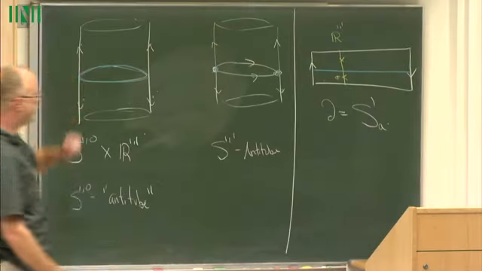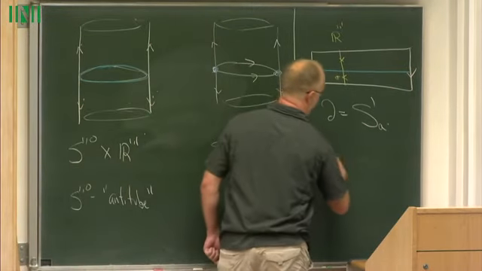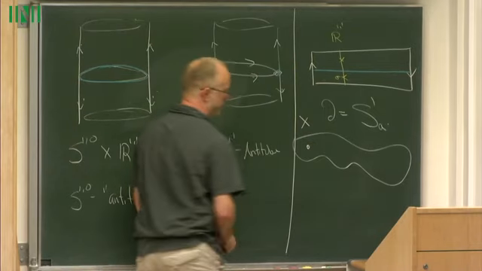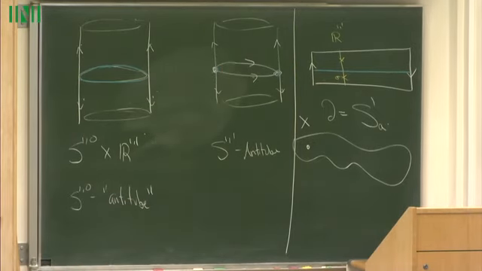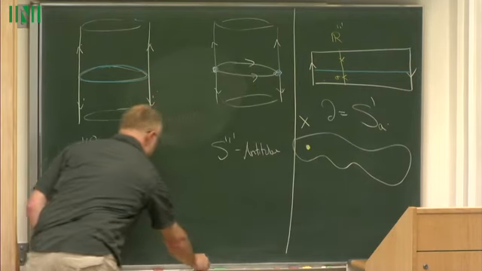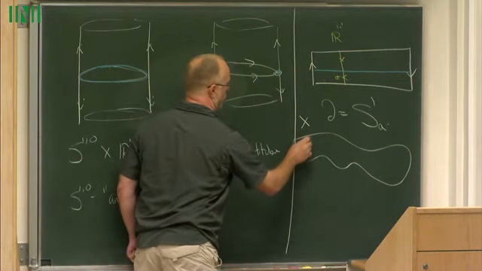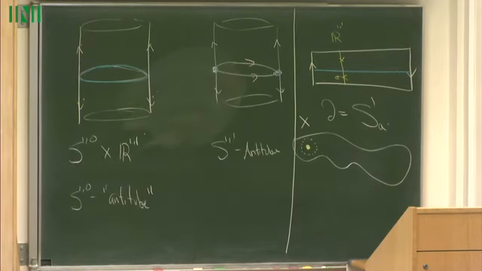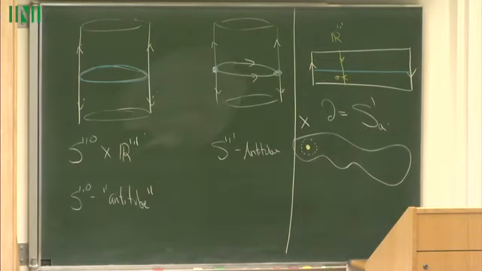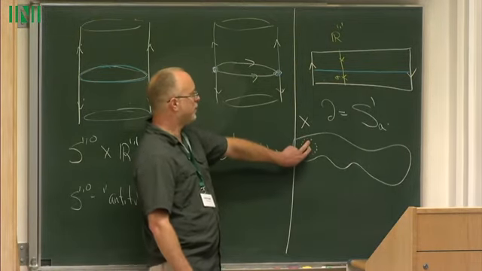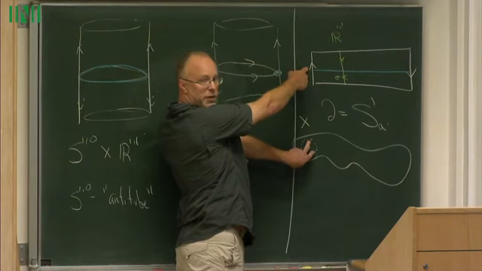And so one thing you can do with this guy is, if you have an x with an isolated fixed point, let's put it in color. When I cut out a little neighborhood, I have an S1 antipodal action around that boundary. And so I can cut that out and get rid of the fixed point and glue on this Mobius band.